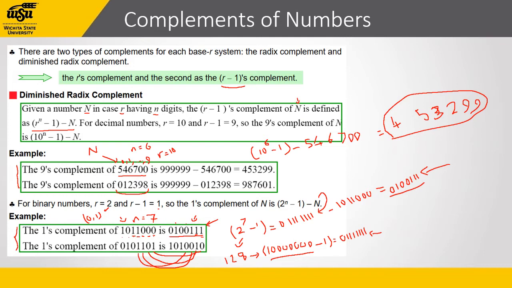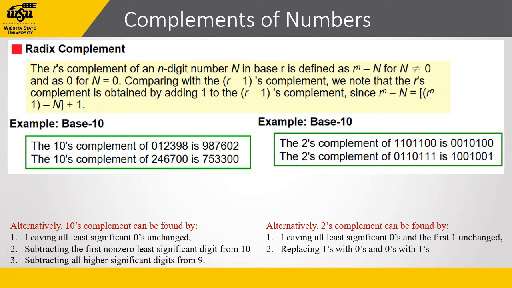Now let's see how we can find the radix complement, or R complement, of numbers. Compared to the diminished complement, which had R minus 1, the equation changes to R power n minus our number. Let's see how we can find the R complement of this example. R is equal to 10.